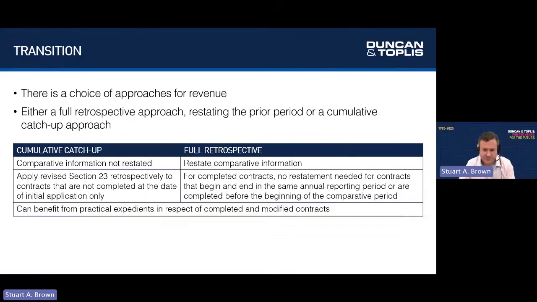So your prior year, your comparatives under cumulative catch-up are not touched at all, which in theory doesn't make them comparative, but that's allowed by the transition approach. And what's best for you or your firm really depends, again, on what impact the change to FRS 102 will have on you.